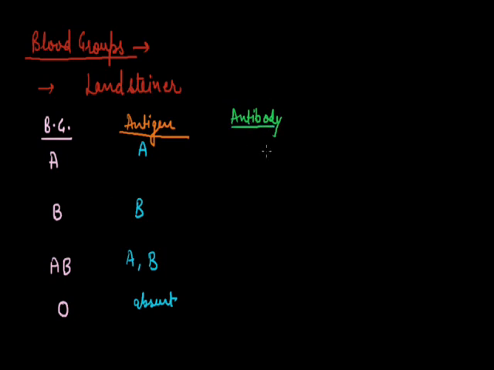Similarly, blood groups have different kinds of antibodies which are present in the blood plasma. A blood group person has antibody B, B has A antibody, AB blood group person has no antibodies, and O blood group person has A and B both kinds of antibodies.